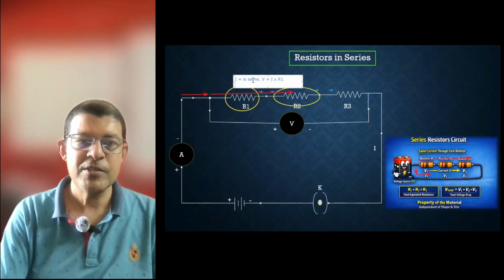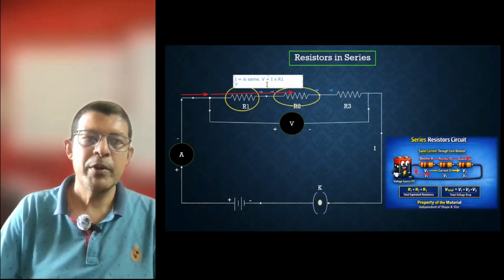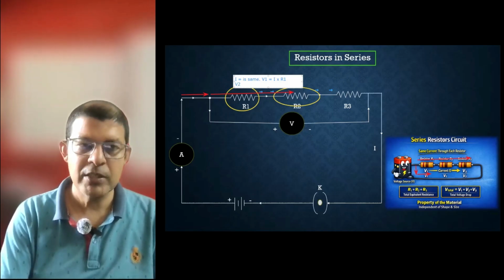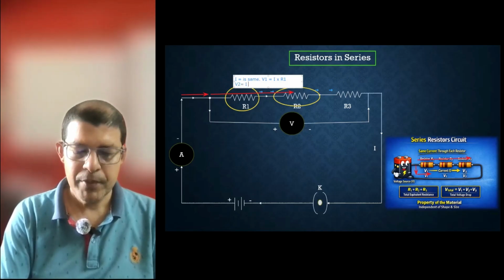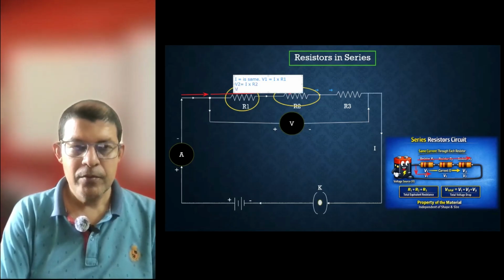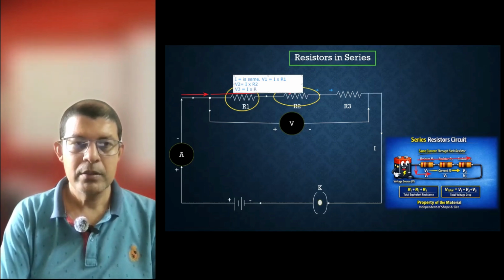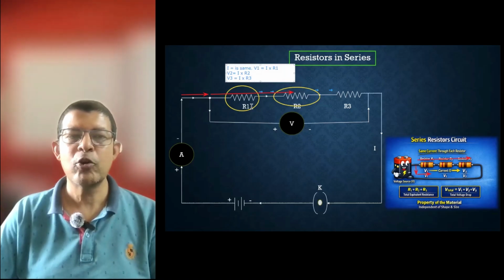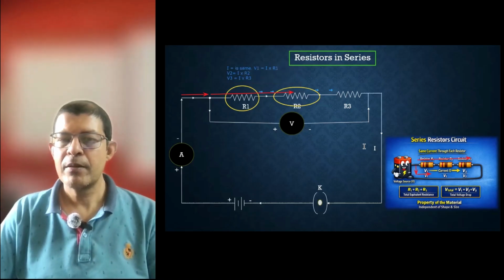Then voltage V2 across the other resistor will become current into resistor 2. And the third one, V3 will become equal to current into R3. Right? This is the voltage measured across each of the resistors.